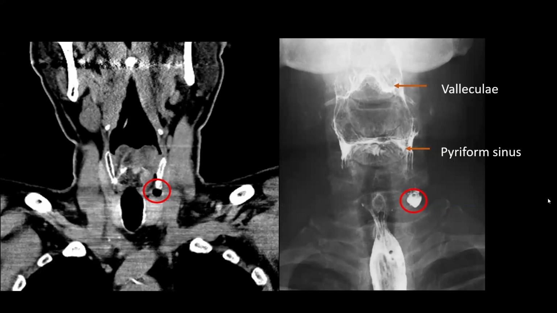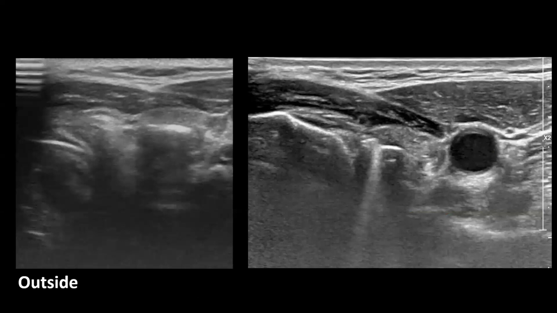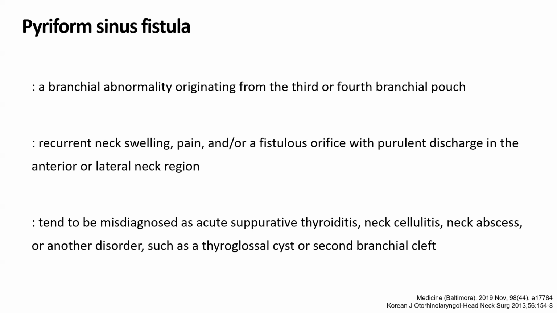If we review the ultrasound image once again, artifacts taken on ultrasound will also reflect the examiner's thoughts. This is a case that shows the importance of knowing the possibility of various diseases when performing ultrasound. If we review it for a while, the piriform sinus fistula is used collectively for the third and fourth branchial cleft anomalies.